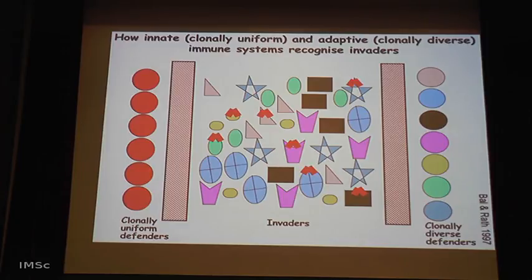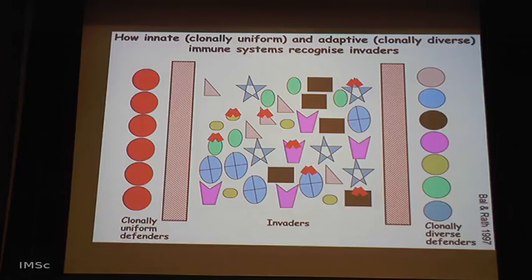So clonally diverse defenders comprise what we call adaptive immune cells, T cells and B cells. And the reason why there are different colors there is that if I had a possibility of showing 10 million colors, that's the number of T lymphocytes you have. Each color represents the ability to recognize one such shape or one such organism or one antigen, as immunologists would call it.